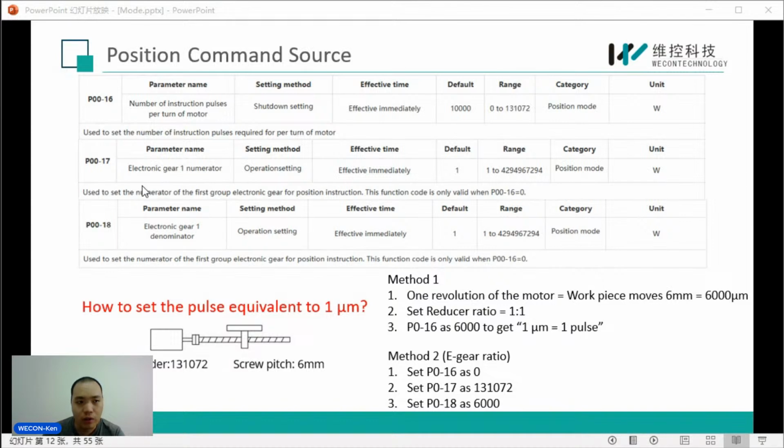If you want to use these two parameters, you must set P0-16 to 0 first, and then you can use these two methods to set the pulse equal to 1 micrometer, according to this.